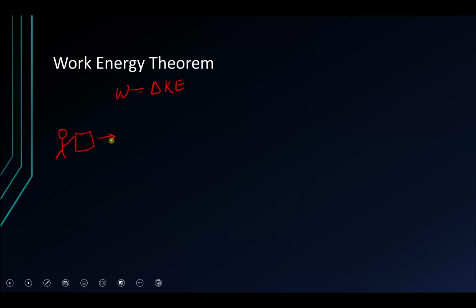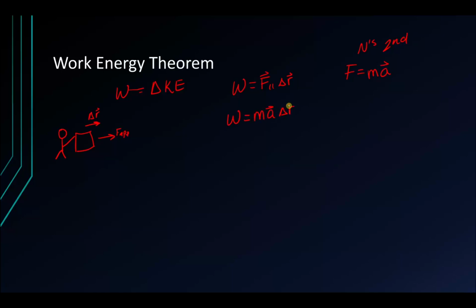The force applied is totally in the positive x direction, and the displacement is in the positive x direction. So I'm going to calculate my work as equal to the force parallel times my change in position. And my force, in this situation, is mass times acceleration, right? Newton's second law. So work is equal to mass times acceleration times some change in position.